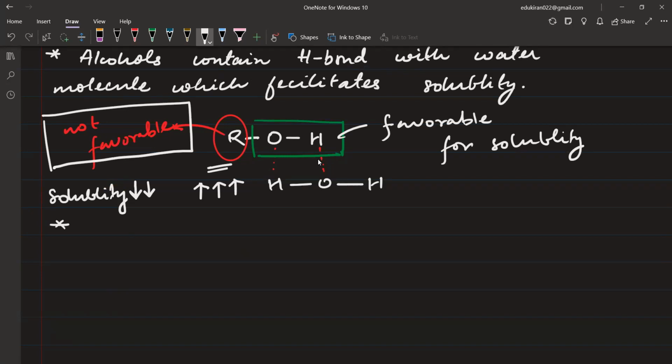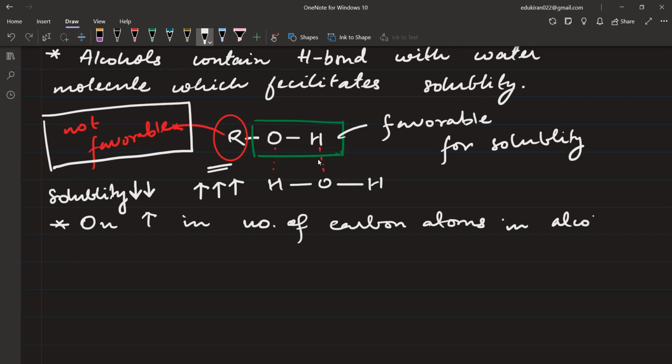On increase in number of carbon atoms in alcohol, solubility decreases.